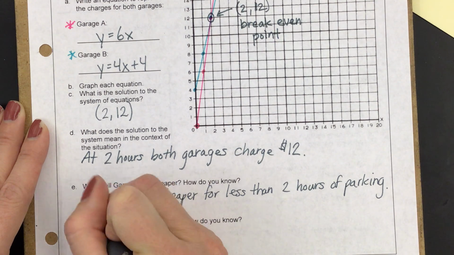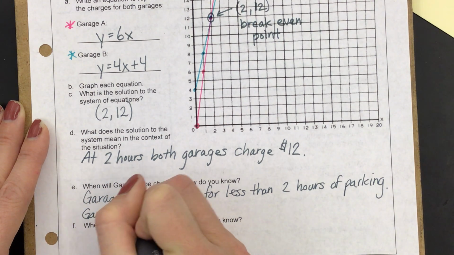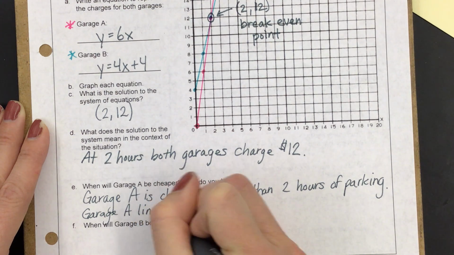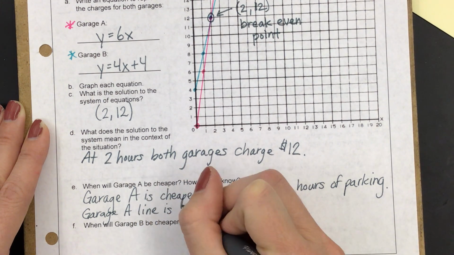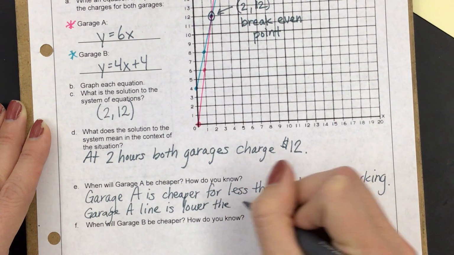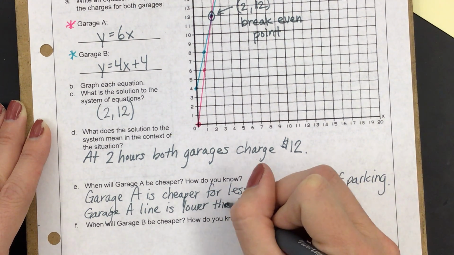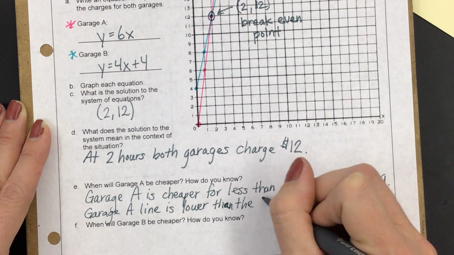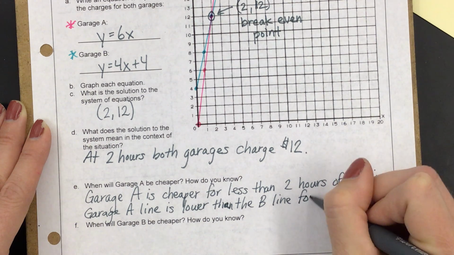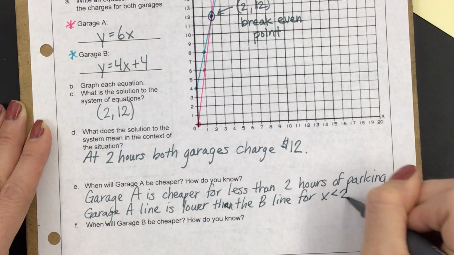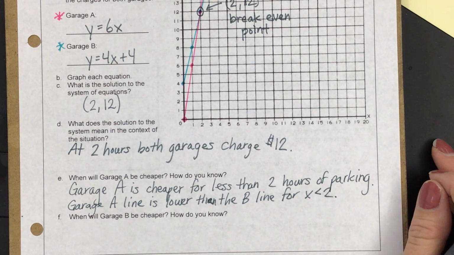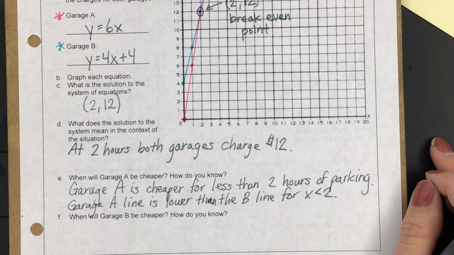I would say that the garage A line is lower than the B line for x is less than 2. So any hours that are less than 2, garage A will be cheaper.